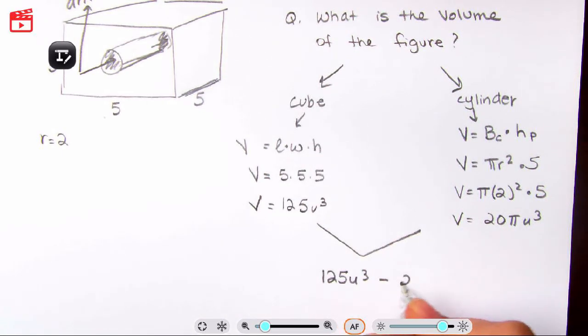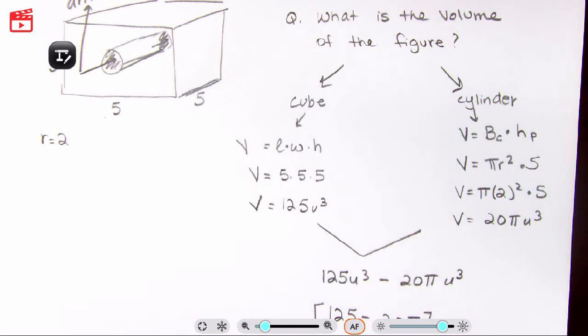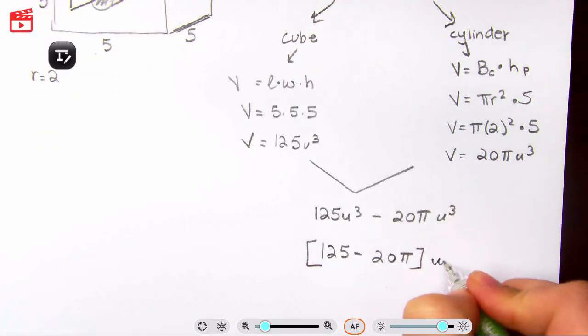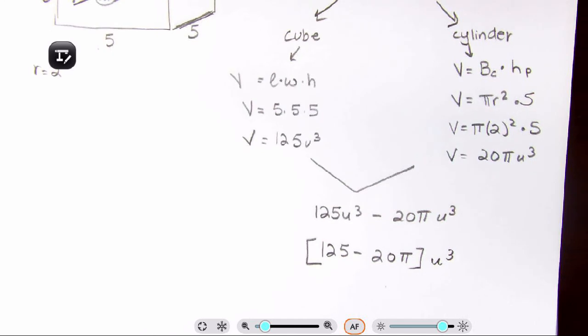I'm going to take away 20 pi units cubed from that. Okay, so how do I combine that? You literally kind of don't. You say 125 minus 20 pi. That quantity is now your answer, and then you have your units, units cubed.